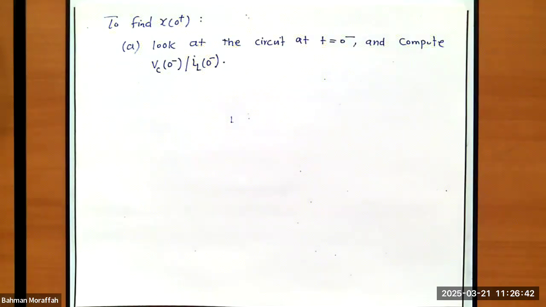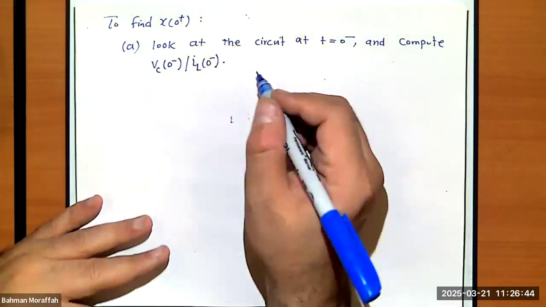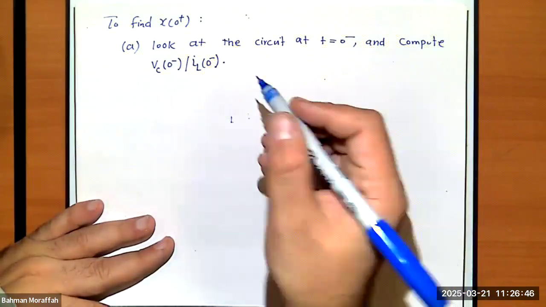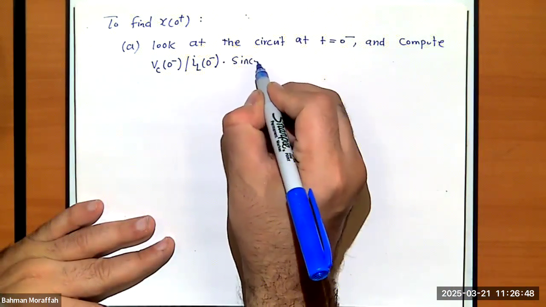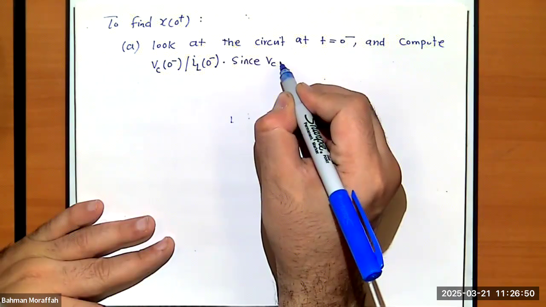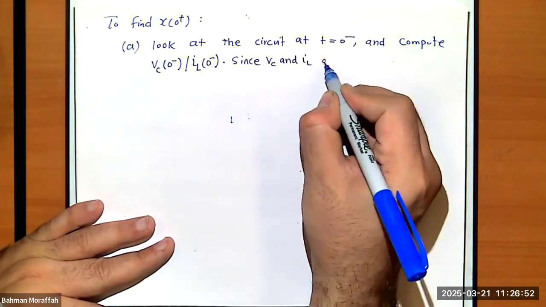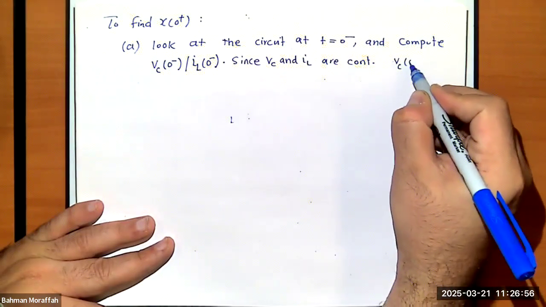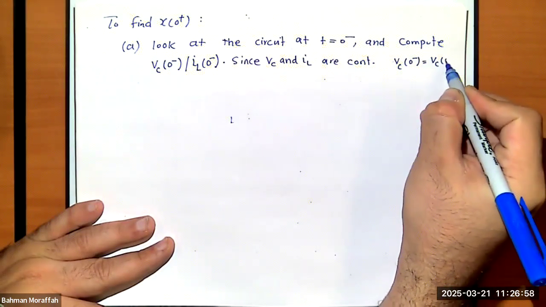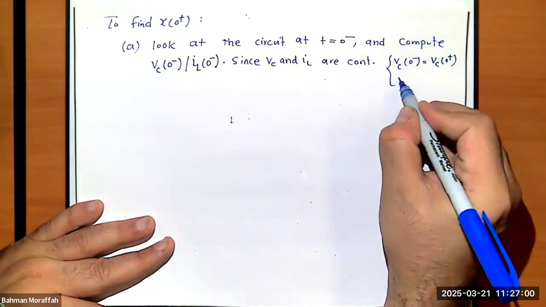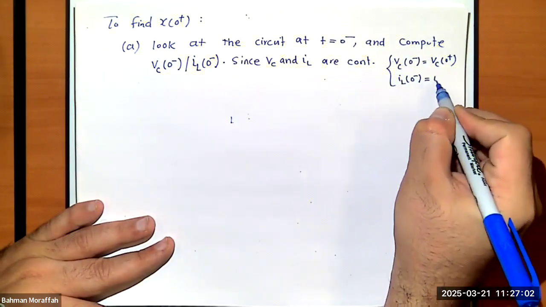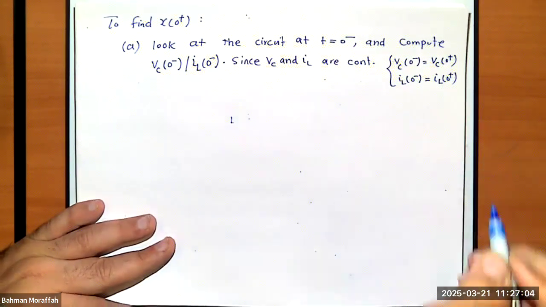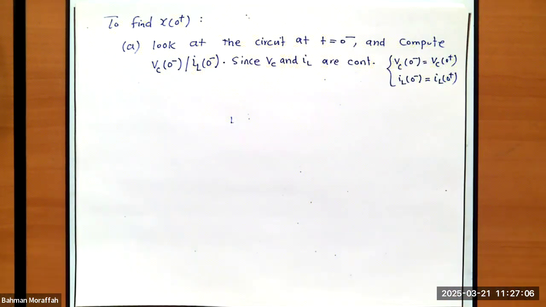Since these variables are continuous, we know they're the same as these values at 0 plus. Since VC and IL are continuous, VC at time 0 negative is the same as VC at time 0 positive. IL at time 0 negative is the same as IL at time 0 plus.